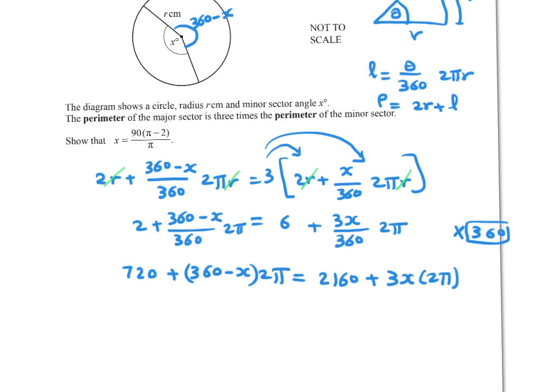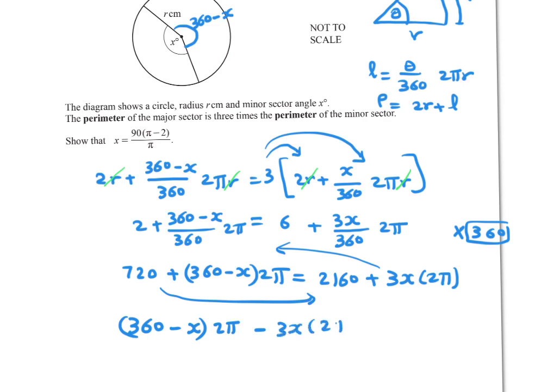Now we can put the x terms together and the numbers together. So 720 transposes to the other side as negative, and 3x transposes to the other side as negative. So you are left with 360 minus x into 2 pi minus 3x into 2 pi equals 2160 minus 720.